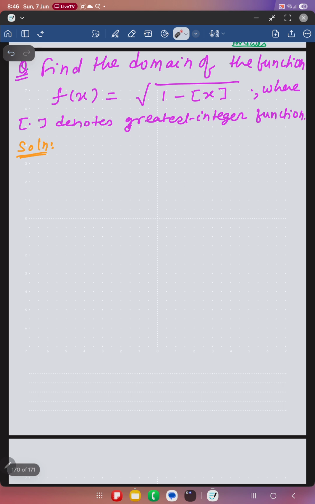Now how to find the domain of this type of function? You know that a function is well defined in the case of a square root if the expression inside the square root is greater than or equal to 0. As the function has only a numerator part, we have to check only for positive values of this 1 minus greatest integer function of x.